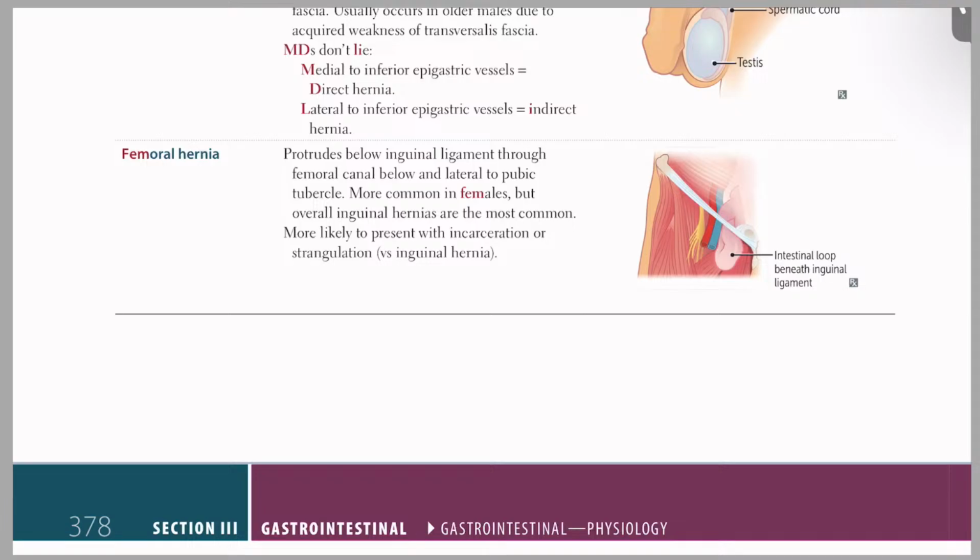More common in females, but overall inguinal hernias are most common. More likely to present with incarceration or strangulation versus inguinal hernia. Intestinal loop beneath inguinal ligament.